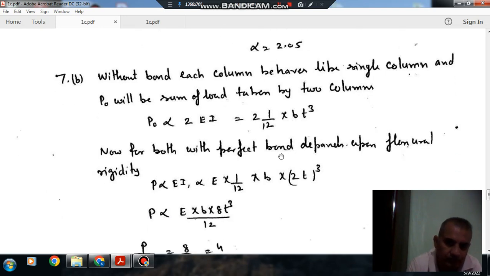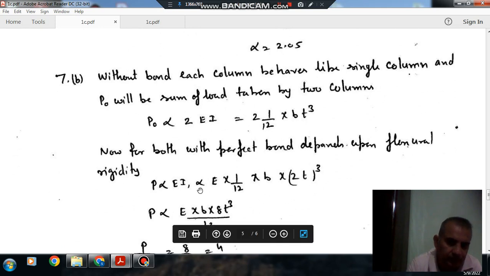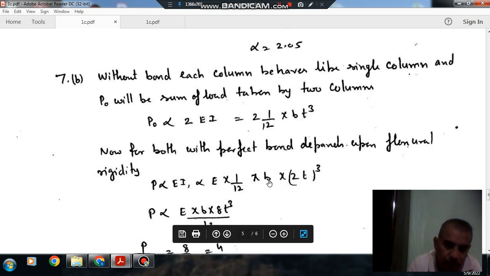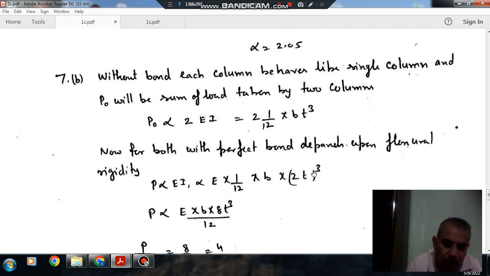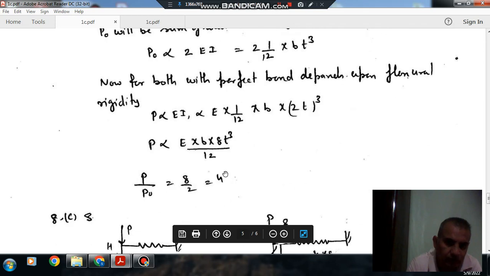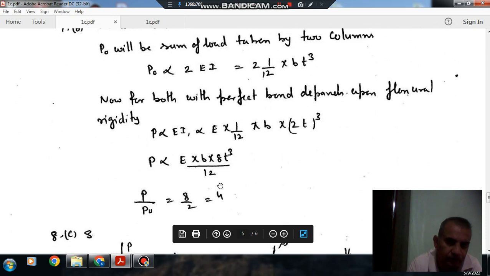When perfect bond is taken, P is directly proportional to EI. Initially for an individual column the moment of inertia is BT cube by 12, but now there is only one column with thickness 2T, so the moment of inertia is B into 2T cube by 12. So P is directly proportional to E into B 8T cube by 12. So P by P naught is equal to 8 by 2, that is 4. So the answer is D.